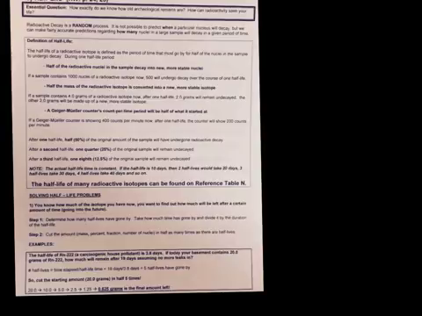Another way to look at it is sometimes a problem will say after one half-life, 50% of the original amount of sample will have undergone radioactive decay. After a second half-life, 1/4 or 25%. So we can look at this as, let's say I had 100 grams of a sample.